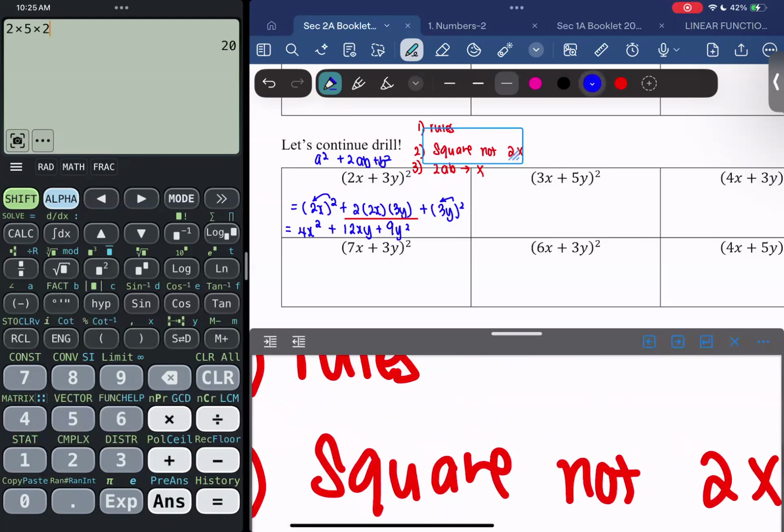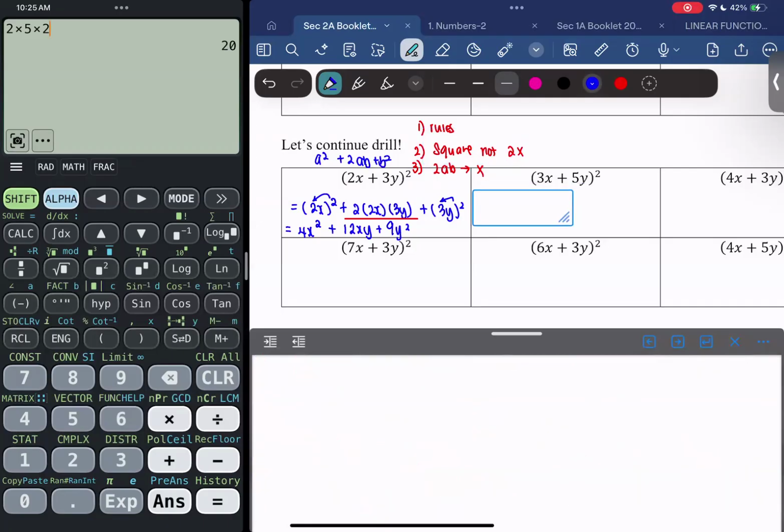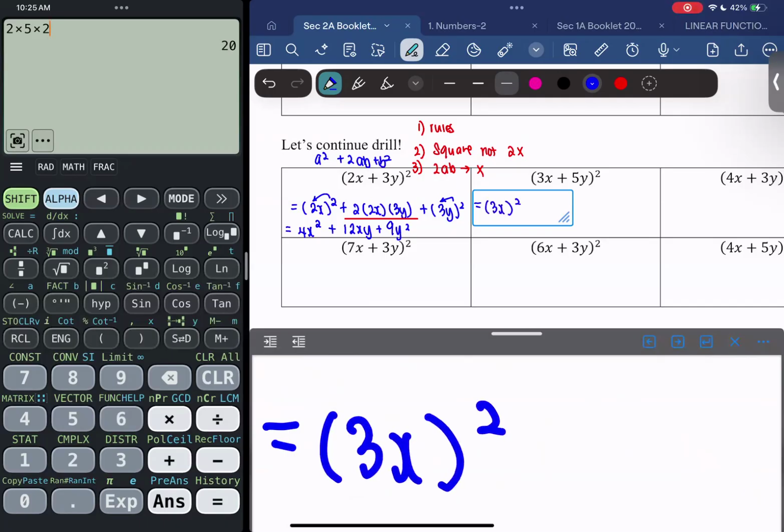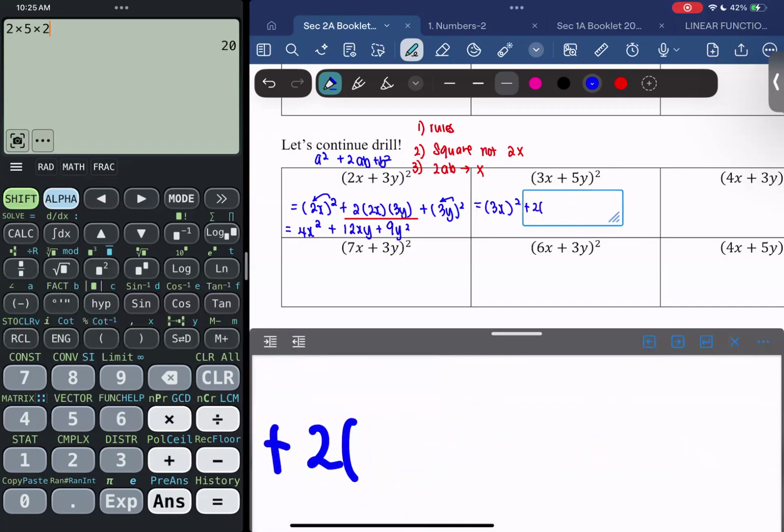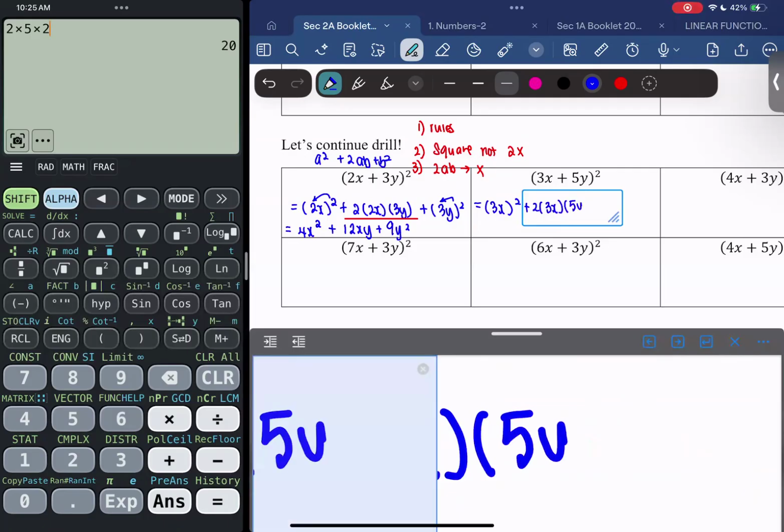All right, moving on, we have ATL. Let's do bracket 3x bracket square, then plus 2 bracket 3x bracket 5y bracket plus 5y square.